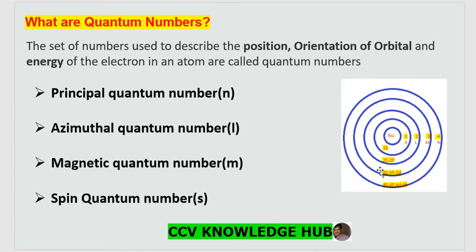So here if you see atomic structure, at the center we have a nucleus, and around the nucleus we have orbits.